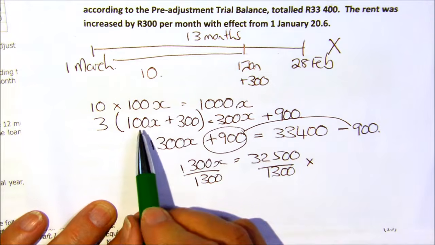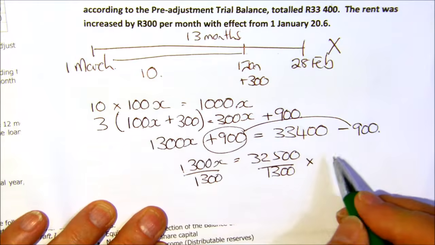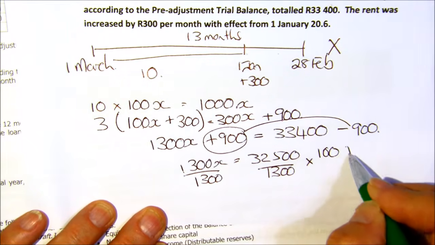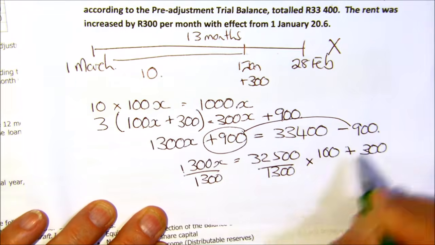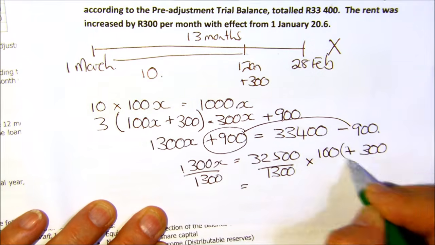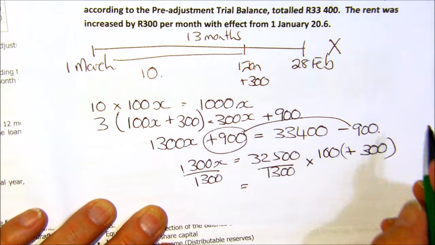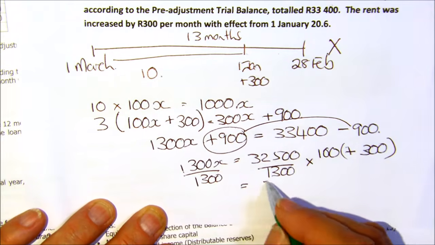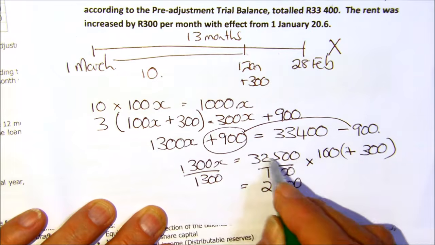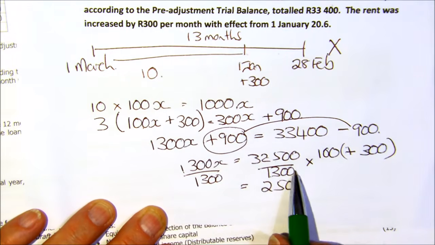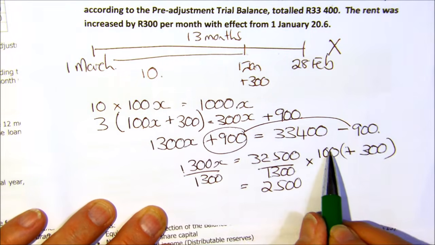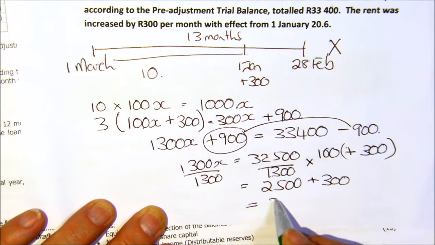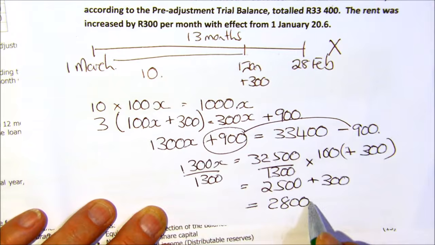But now we need to multiply by March, which is 100 X's plus the 300. So if we work this out, 32,500 divided by 13 times 100 plus the 300 Rand for the increase is 2,800.